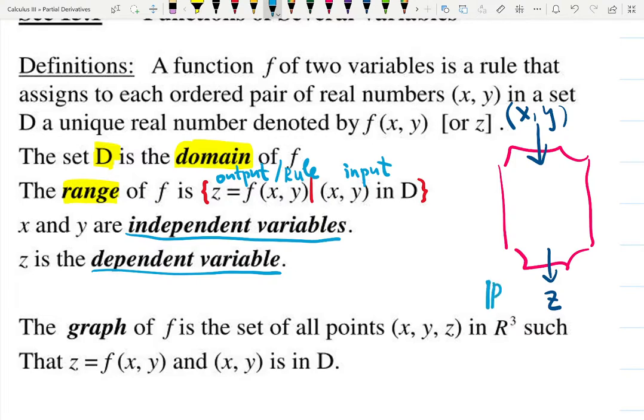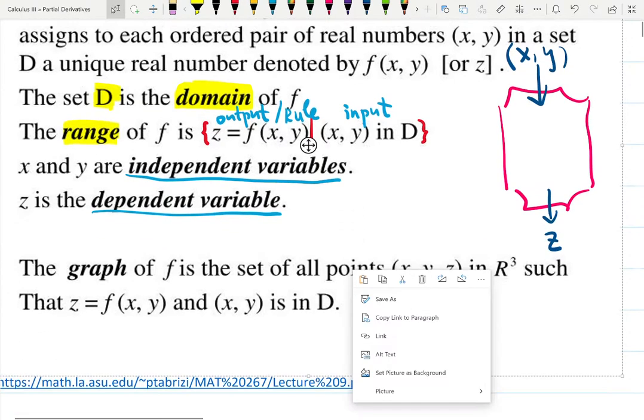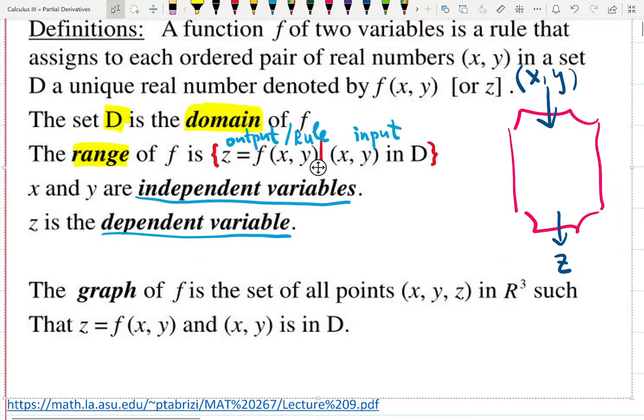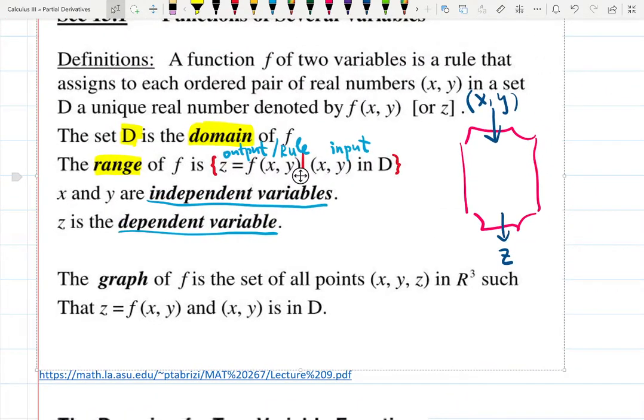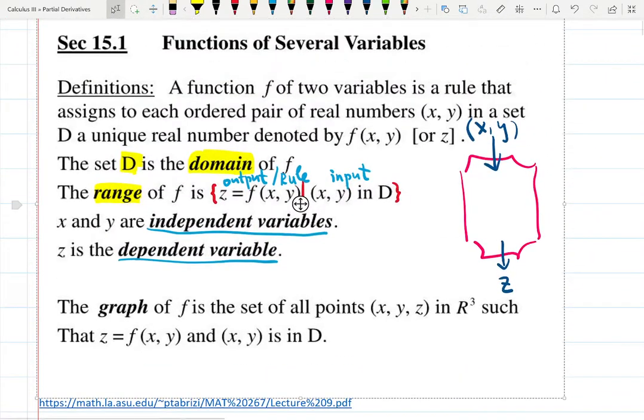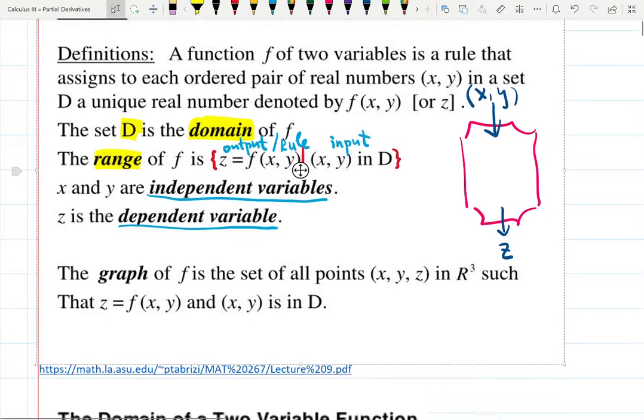Some people do real numbers cubed, like so. Some people do just R cubed. Depends on the book. Such that z equals f of x, y and x, y is in a domain D. That is actually the same thing, they just repeated. The graph. So for now, it's not really new. Instead of f of x equals y, now we have a third variable, z equals f of x, y.